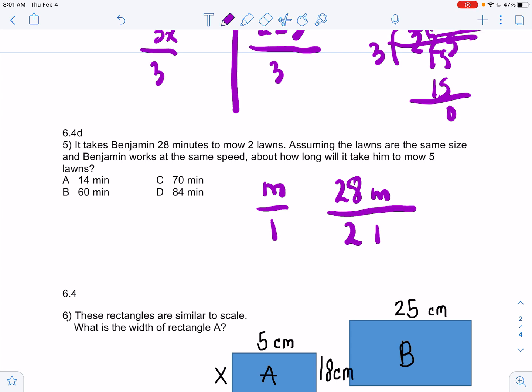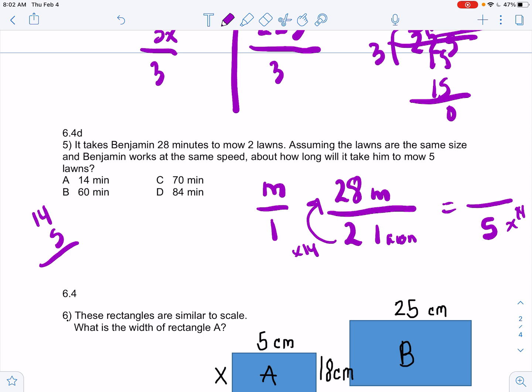So we know that our lawns is our denominator with how we set it up. Okay. Now here you might see, I'm going to write lawn. Can you get 2 to 28 times 14? So you could say 5 times 14 if you see that.